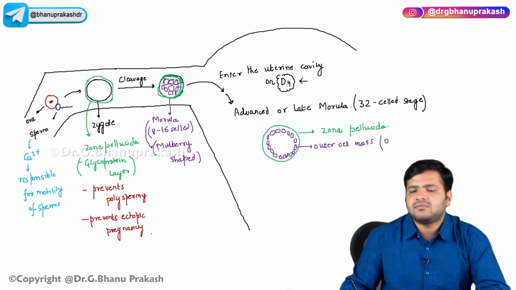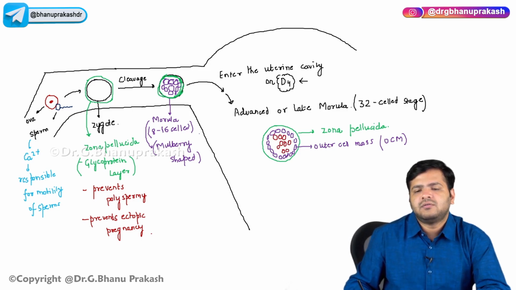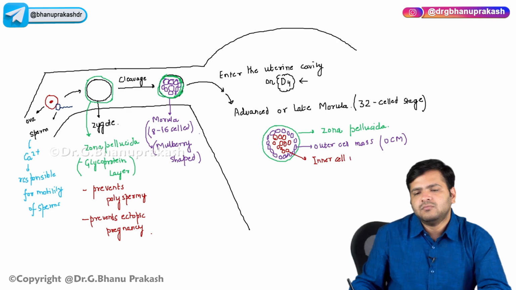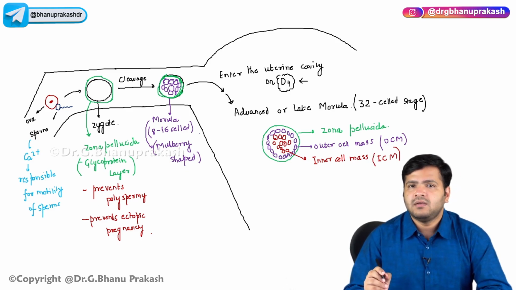I can also write it as OCM. And some cells will be inside, and this is called the inner cell mass, ICM.